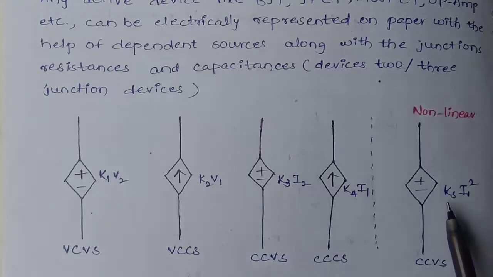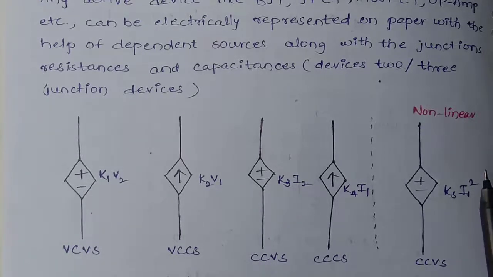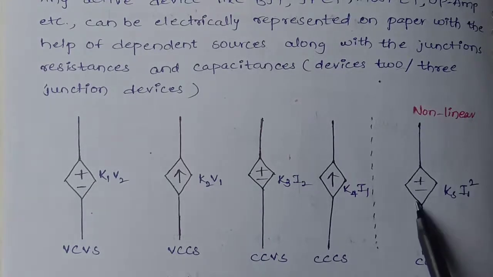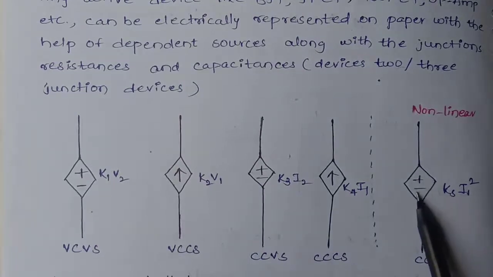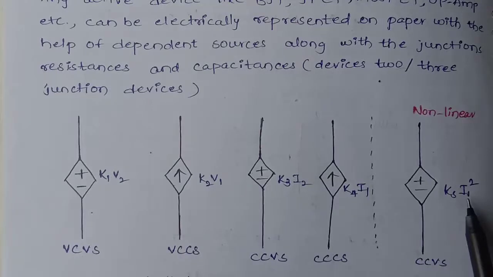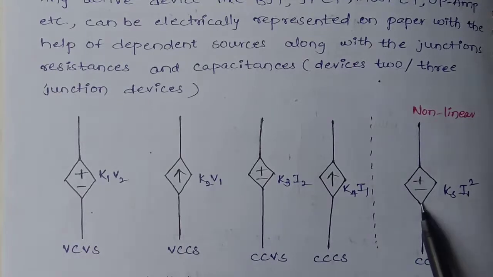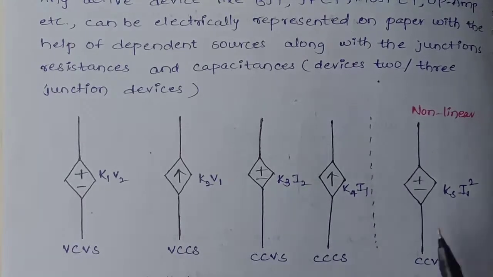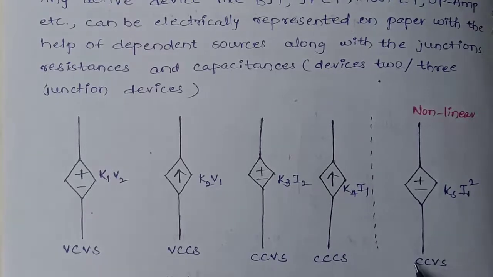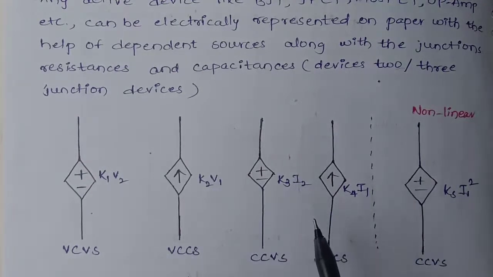It does not follow Ohm's law, so it is called a non-linear device. So it is a voltage source, but it is controlled by current, so it will become a non-linear current controlled voltage source. Okay, this much is enough for the dependent sources.